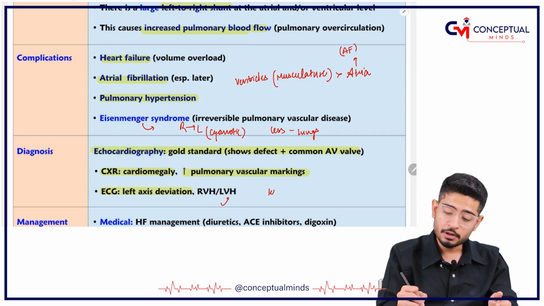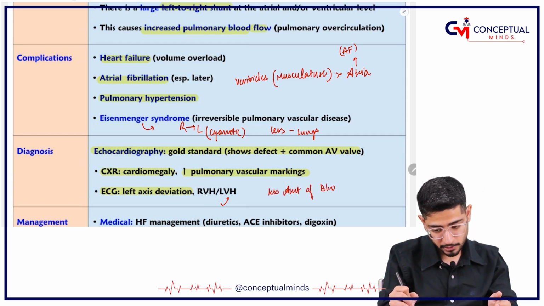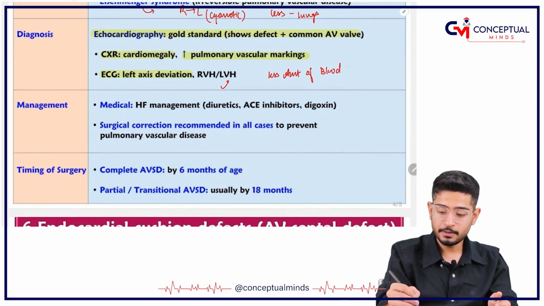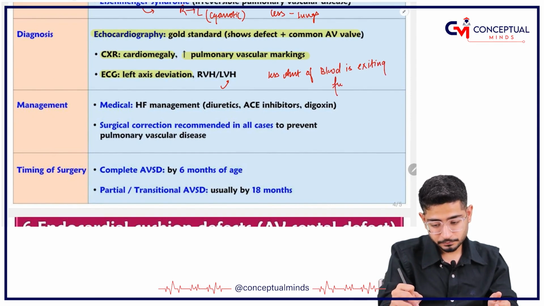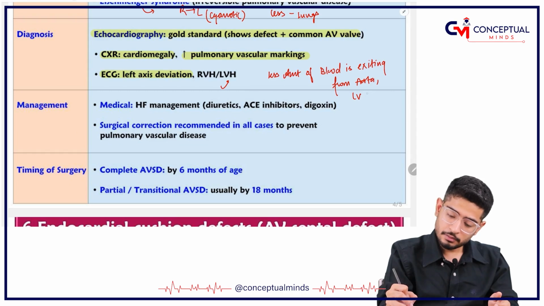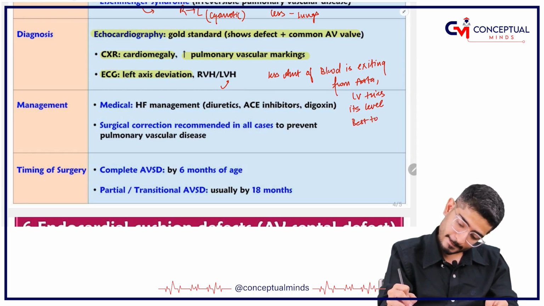Why? Because less blood is exiting from the aorta, so the left ventricle tries its level best to increase the flow.